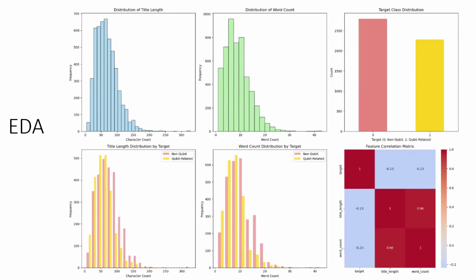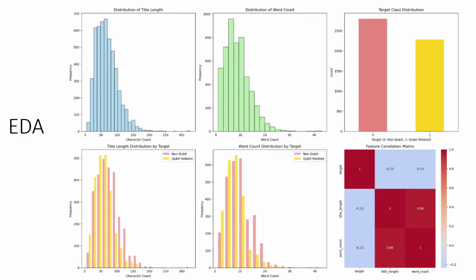And if we look below those two diagrams, we then see it by non-qubit versus qubit related for character count and word count. We can see that for the non-qubit patents, the long tail has more characters and more words, whereas the qubit related tends towards shorter titles in word count and characters, which kind of makes sense.